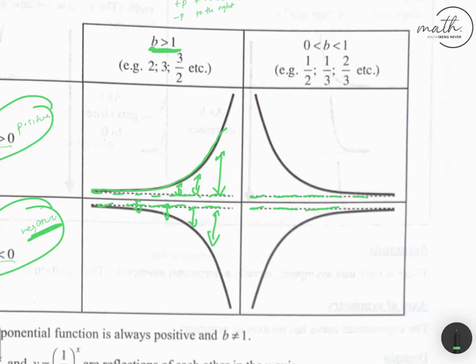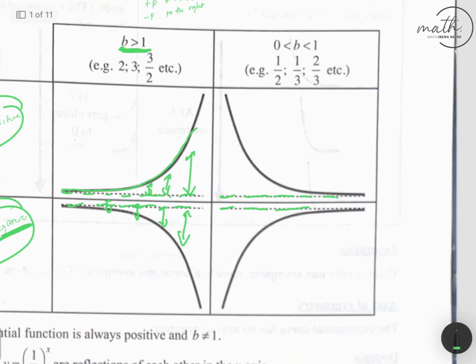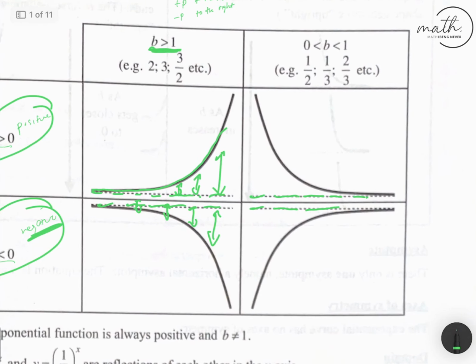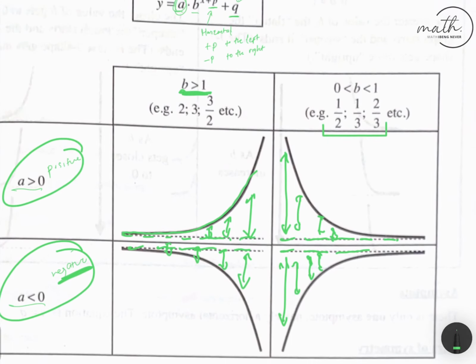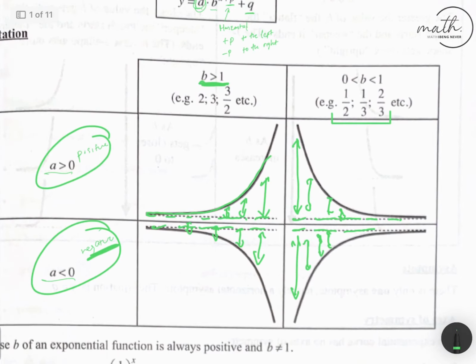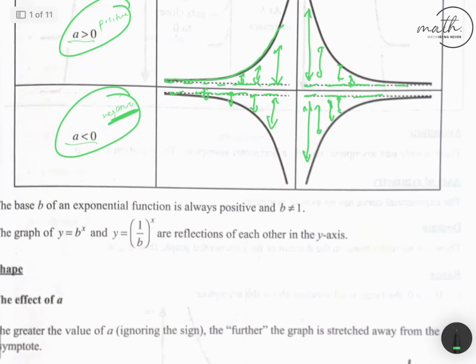But with B being between 0 and 1, it starts being away and then moves closer. But with sketching, you don't necessarily need to remember them. You can still sketch it without, even though they're still important.